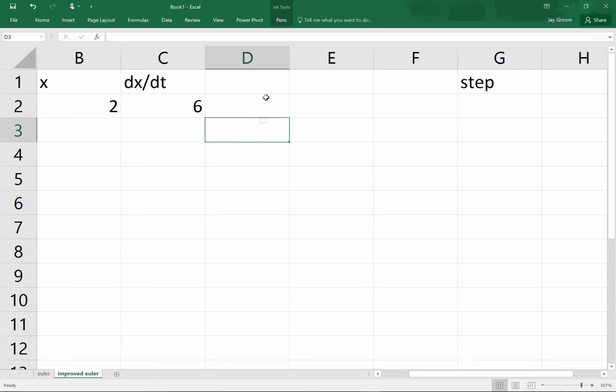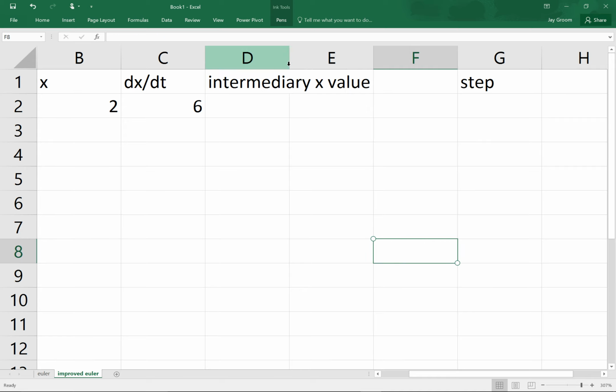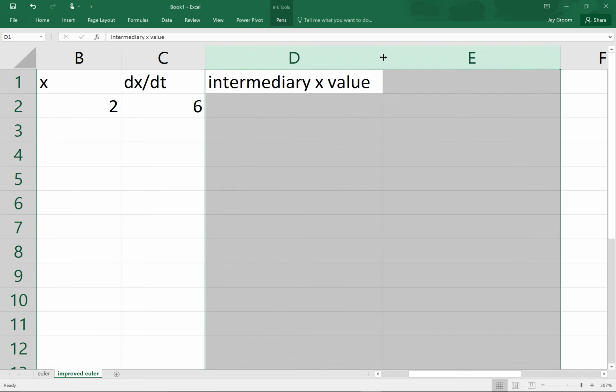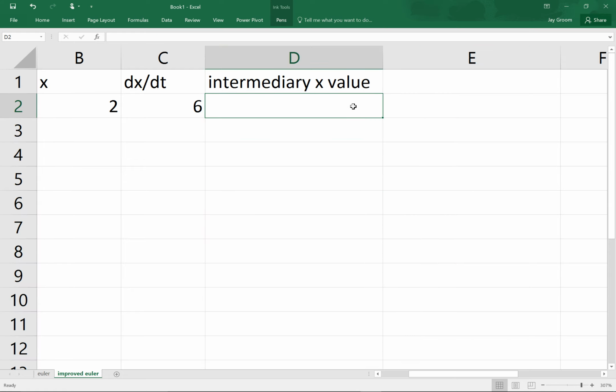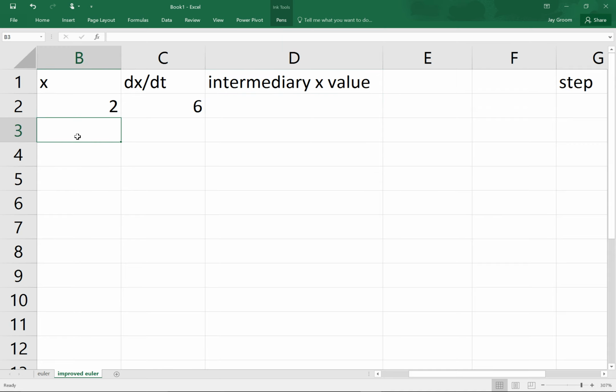So what I'm going to do here is an intermediary y, or x value. It's the one that we're going to find after we use Euler to predict it. This number right here will be the same number we had in the very first, right here, last time.